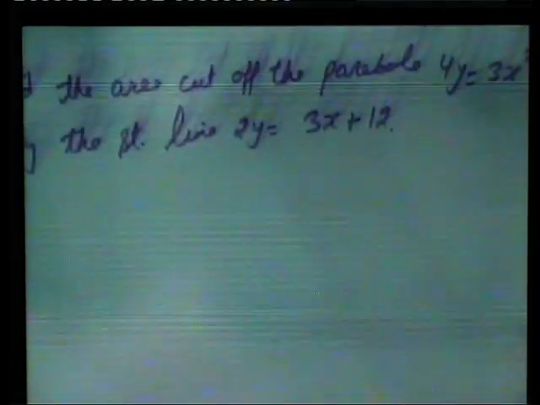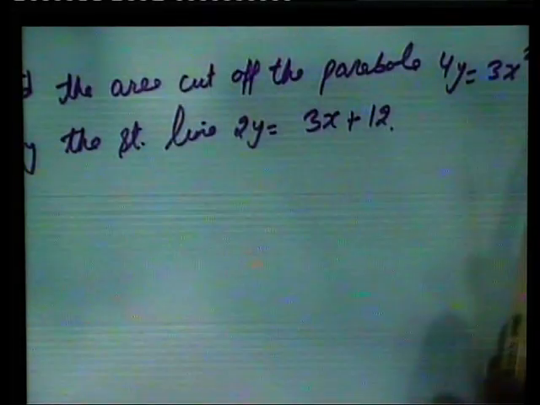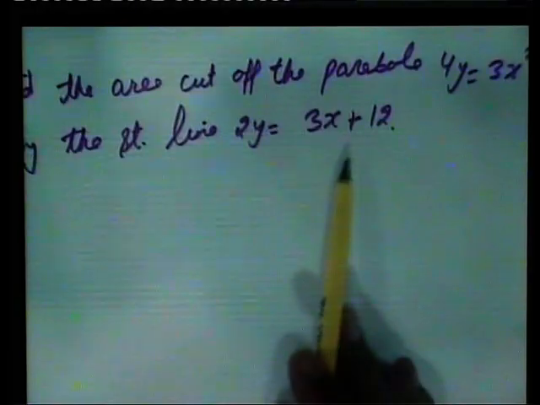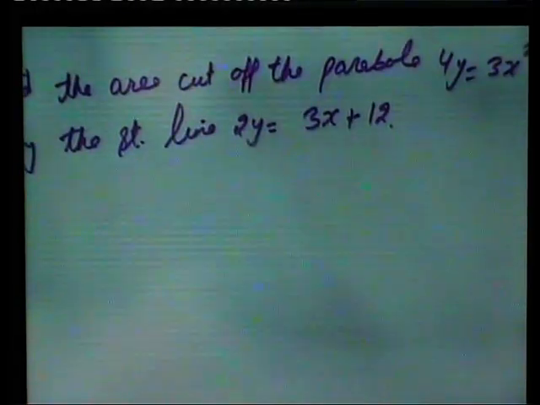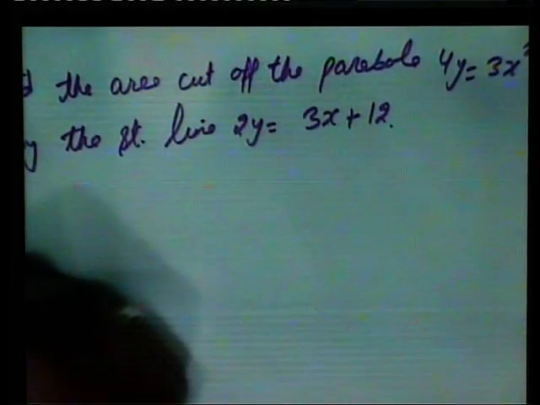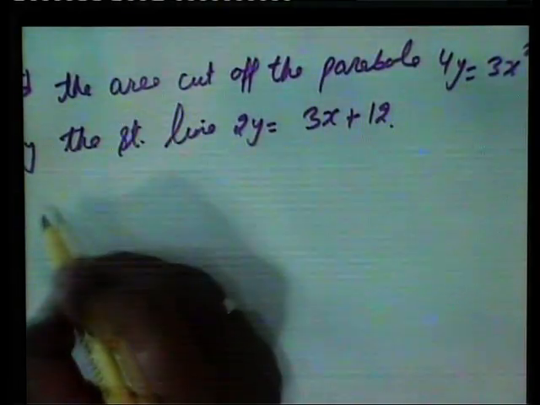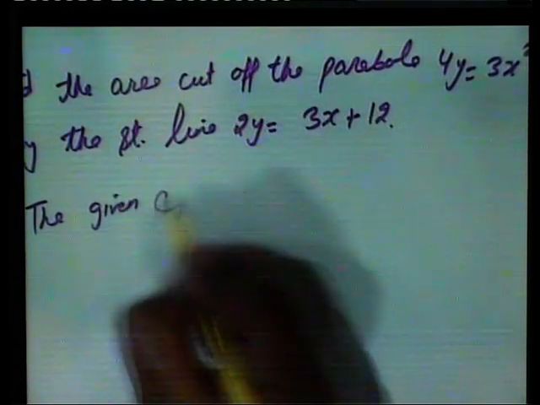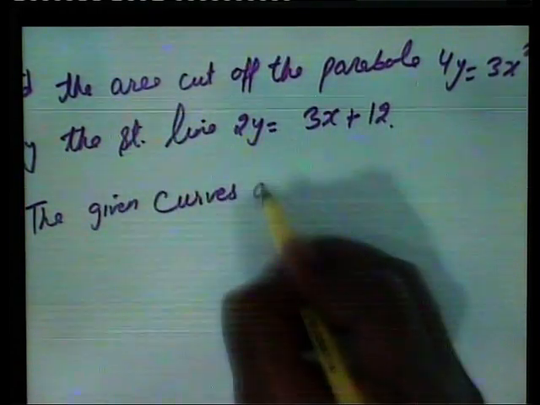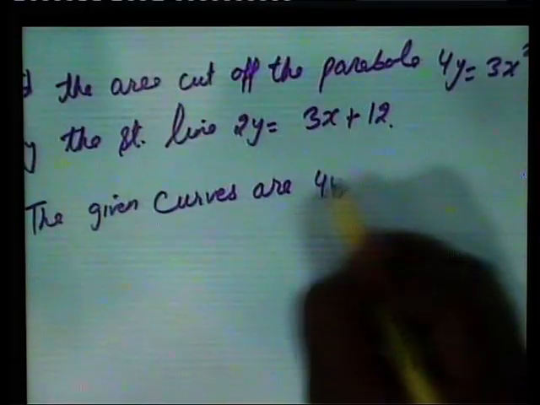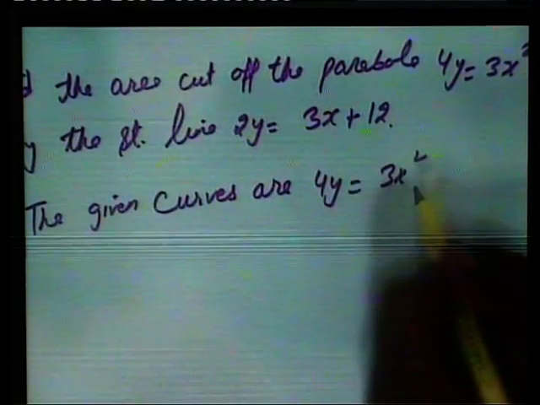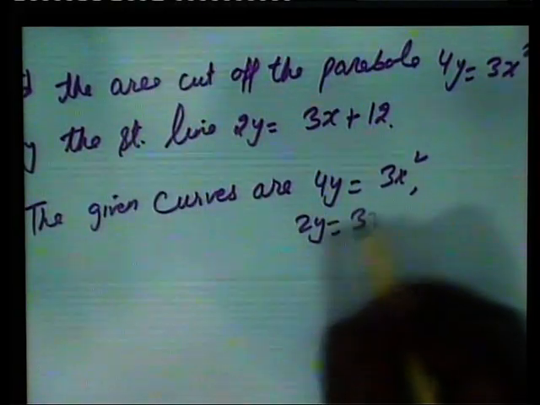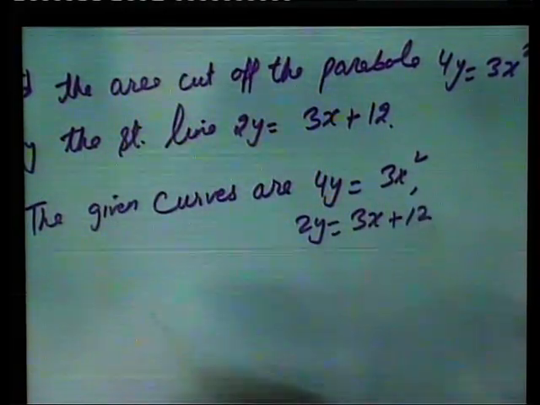Area cut off the parabola 4y is equal to 3x square by the straight line 2y is equal to 3x plus 12. The given curves are 4y is equal to 3x square and 2y is equal to 3x plus 12.